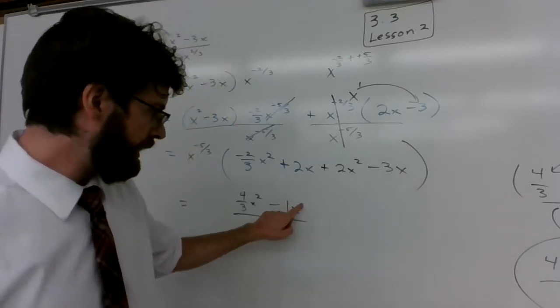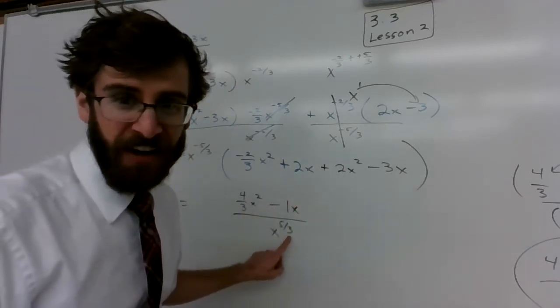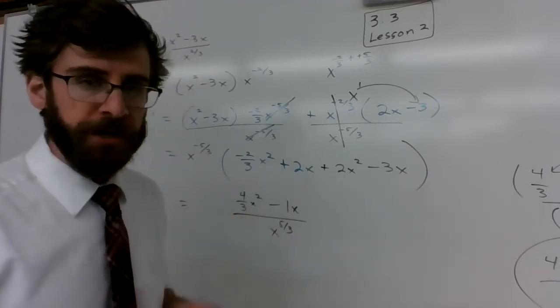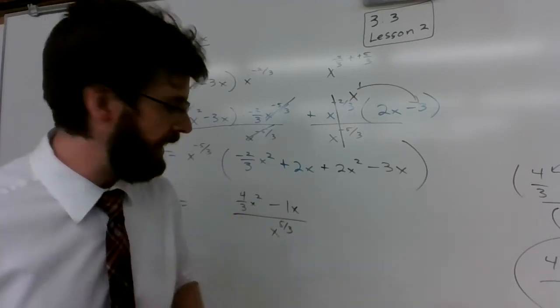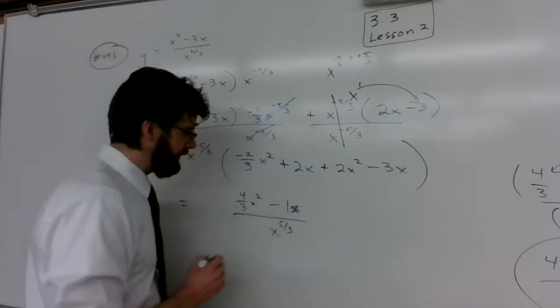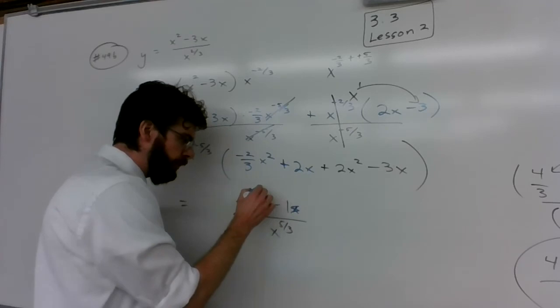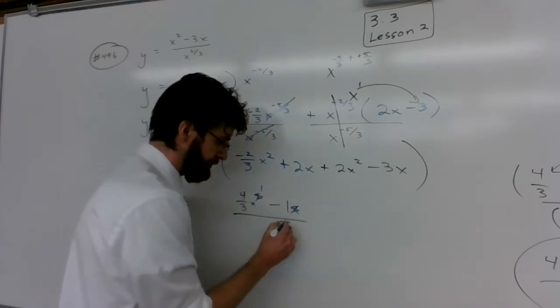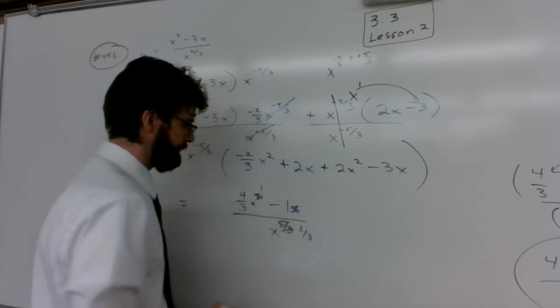So of 1, 2, and 5/3, what's the smallest number? It's 1. So what I'm going to do is divide by x to the 1 power. So that takes out this x. It changes the 2 to a 1, and then you would take 3/3 away from 5/3 to get 2/3.